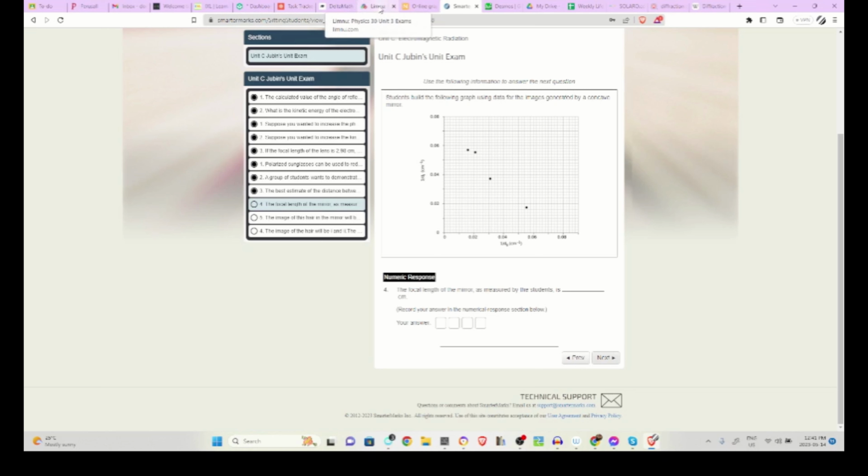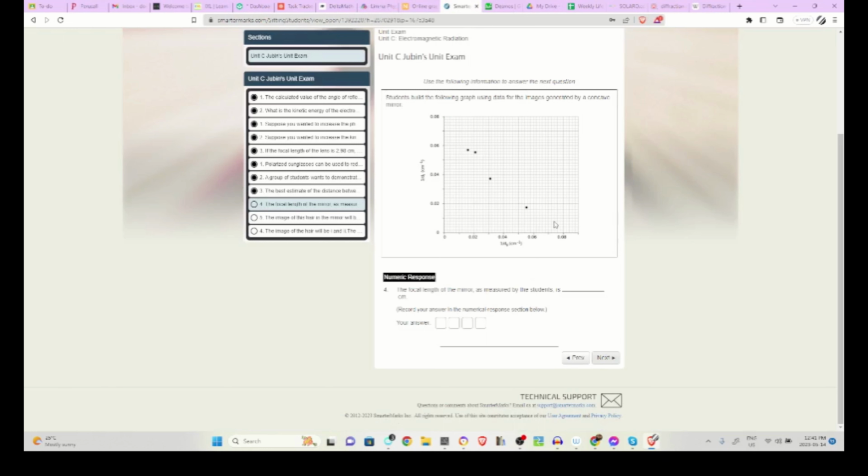Well, if y is 1 over di, that means we have 1 over di equals negative 1 over do plus 1 over f. So the reciprocal of our focal length is going to be on our y-axis.